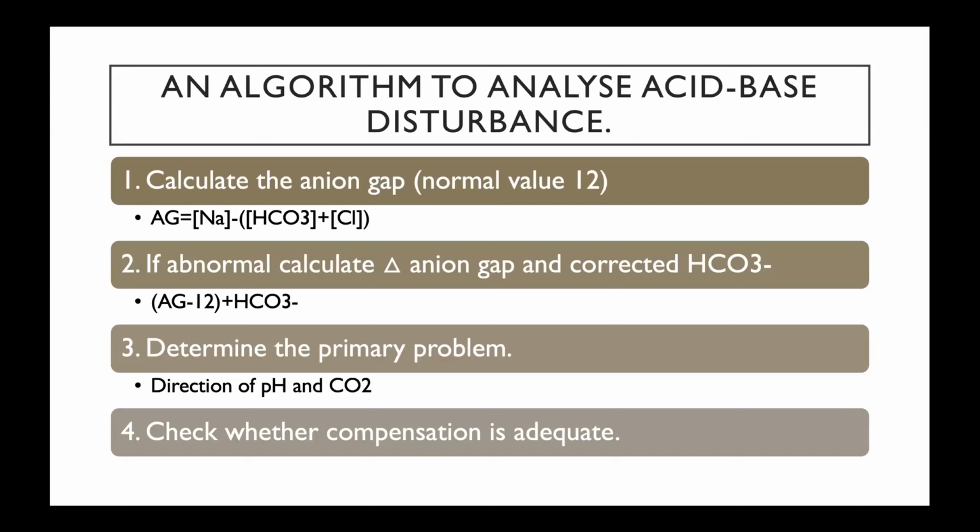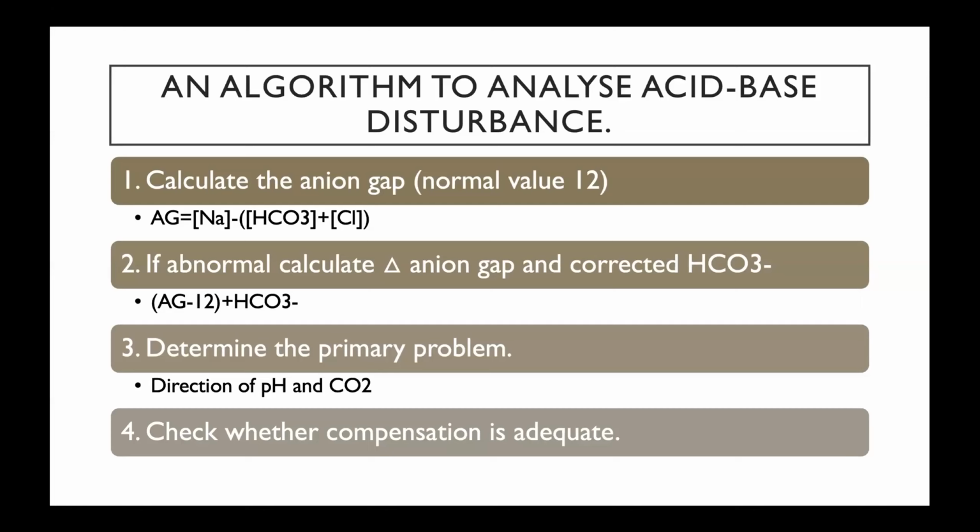That is a respiratory problem. If the carbon dioxide goes down, it's a respiratory alkalosis, and pH should go up. That's the reason. So whether it is acidosis or alkalosis, if pH and carbon dioxide move in opposite directions, it is a respiratory problem. So next you see what the primary problem is. Check the pH and carbon dioxide level. That's it. Then you find the primary problem.